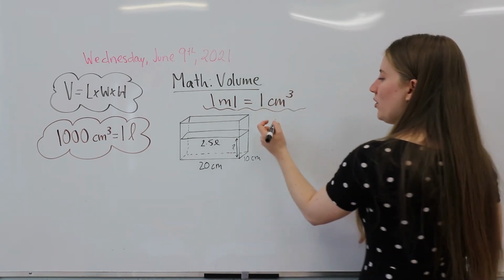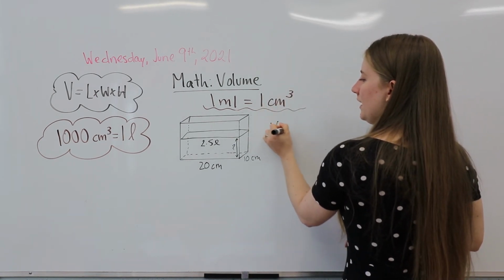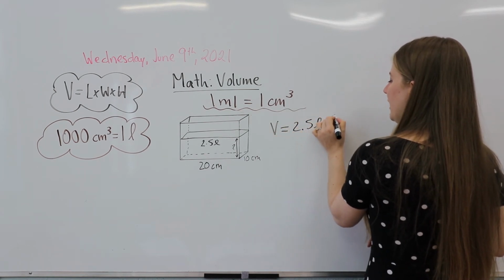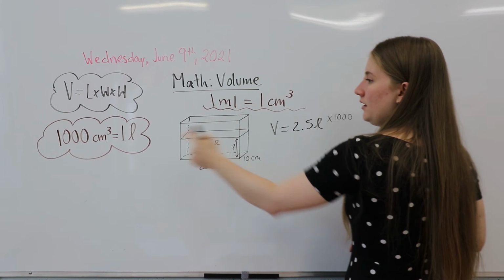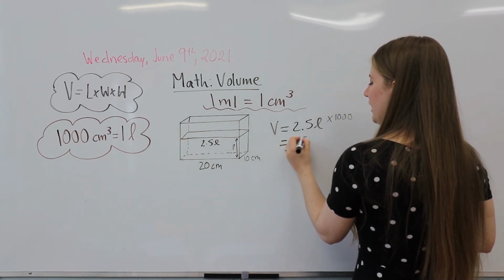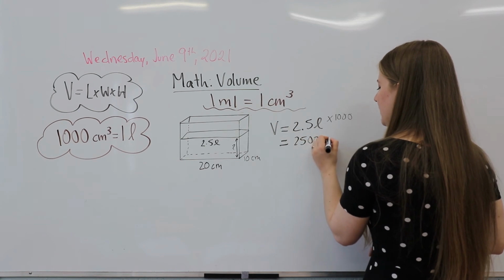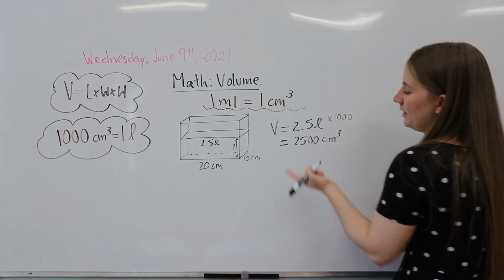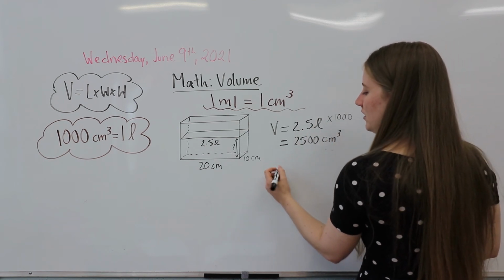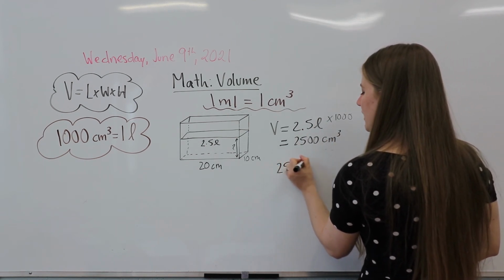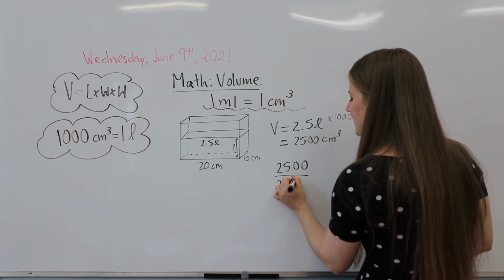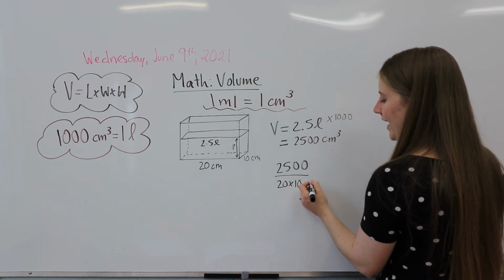So if the volume of the water is 2.5 liters, we can multiply that by 1,000, because that's how we convert between this, to equal 2,500 centimeters cubed, or milliliters, okay? And so now that we have this value, we can do 2,500 divided by the length and the width. So 20 and 10, which we know again is 200.